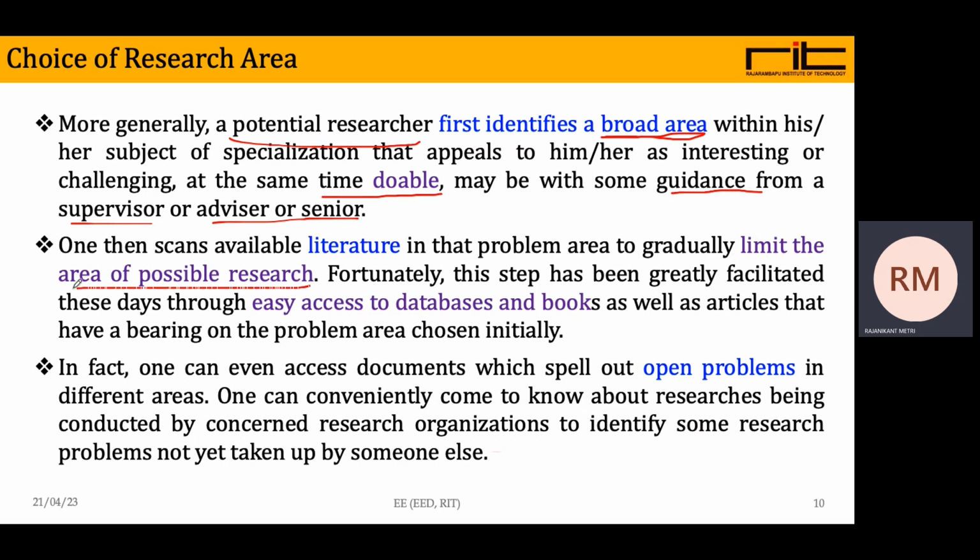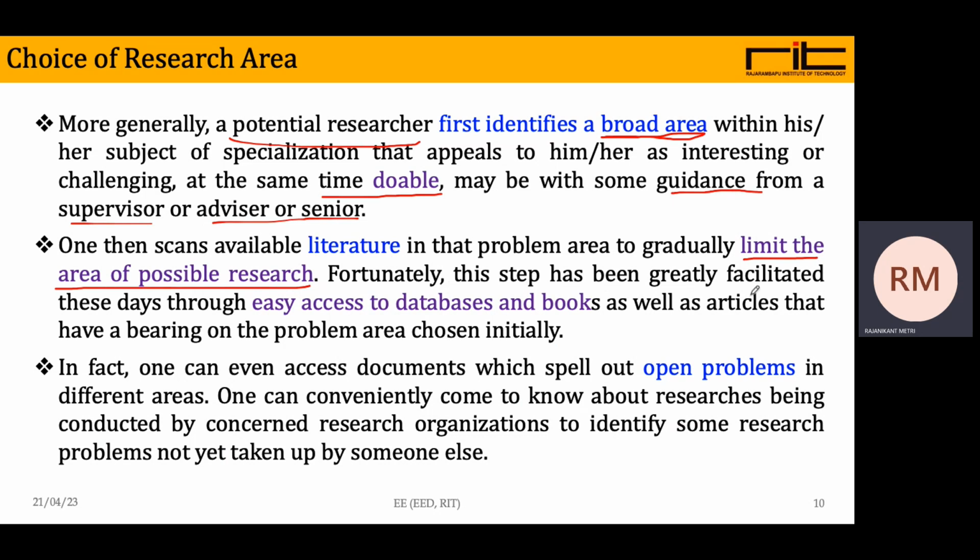In electrical engineering, again, there are subfields like electrical machines, drives, power electronics, control systems, and power systems. So these are subfields. So one has to survey the literature in that broader area and then limit the area of possible research.